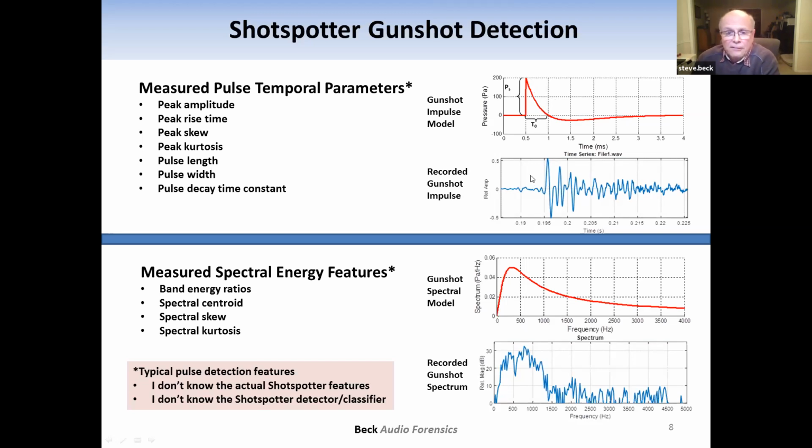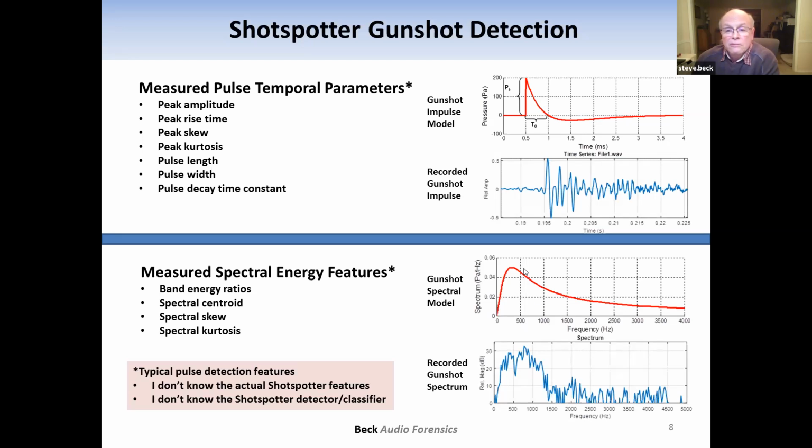The other way they like to make measurements is in the spectral domain, and look at spectral energy features, which might include ratios of the energy in different bands, maybe compute the spectral centroid, the skew, the kurtosis.